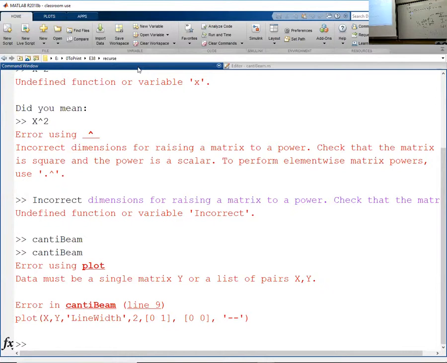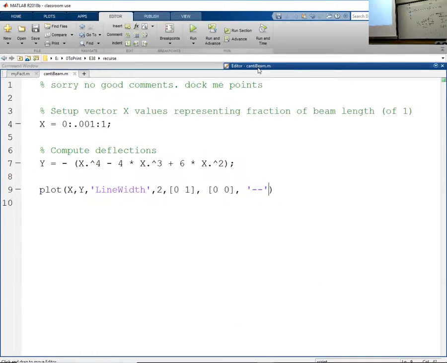Wouldn't you go like 0:1? I was just gonna do 2 points. Oh, 0 to 1, comma 0.